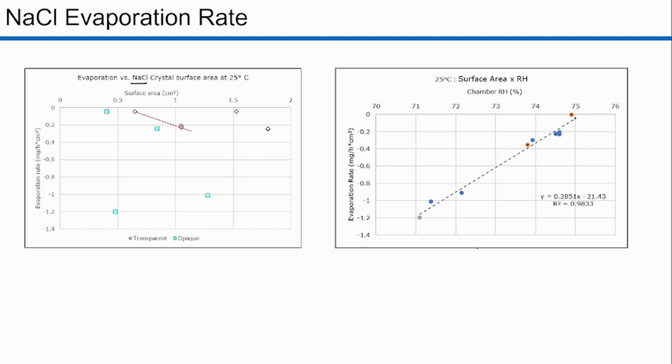As you can see, it's pretty linear, meaning that the rate is directly proportional to the chamber relative humidity. So you see here that for 75% it's almost zero, and this is in agreement with that article about the sodium chloride equilibrium humidity.